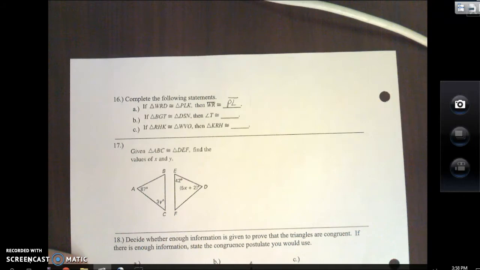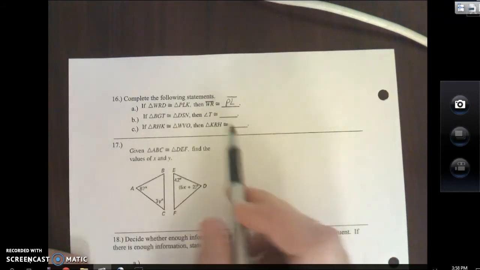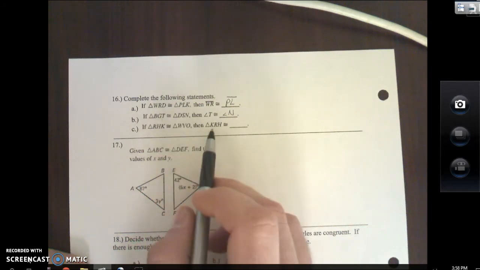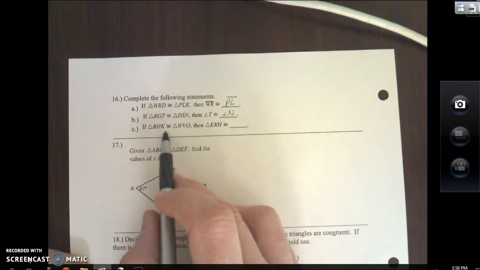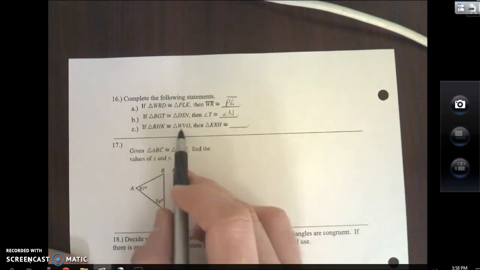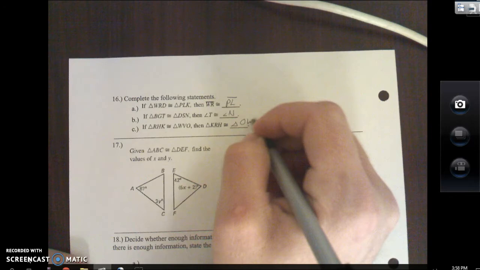B, if triangle BGT is congruent to triangle DSN, then angle T, which is the third letter, is congruent to angle N. And C, if triangle RHK is congruent to triangle WVO, then triangle KRH. All they're doing is rewriting this, so it goes KRH, third, first, second. Third, first, second. So triangle OWV.